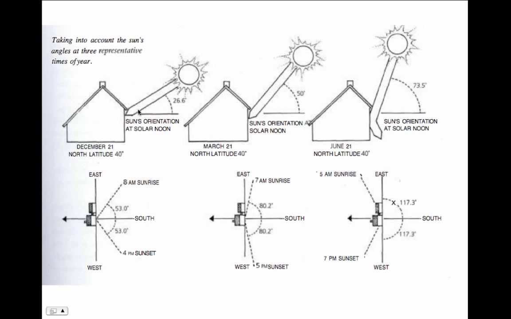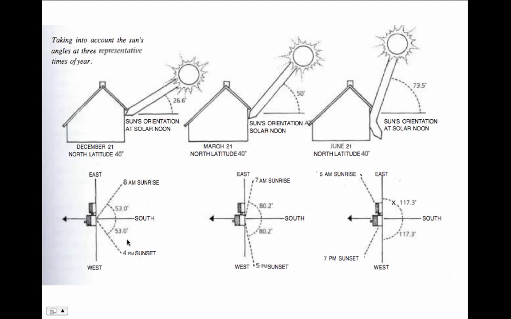And the interesting thing about this is you can take advantage of this to design a building so that it shades itself in the summer and lets sunlight deep into the building in the winter without any kind of mechanical devices. You just put the overhang over the windows at a certain distance so that in the summertime the window's completely shaded, but in the wintertime the sun is going to go deep into the building.